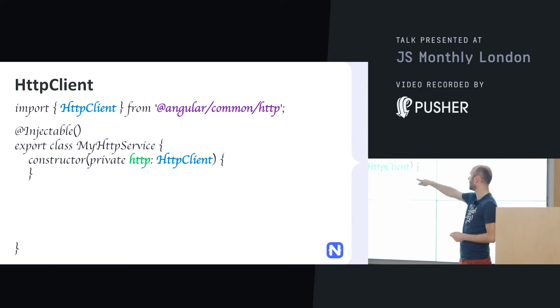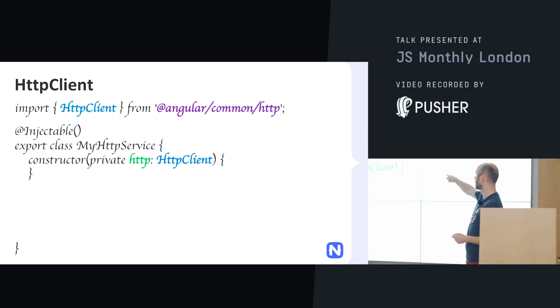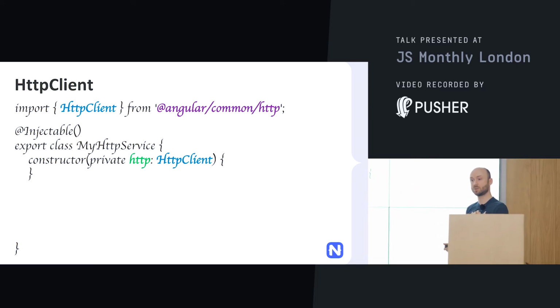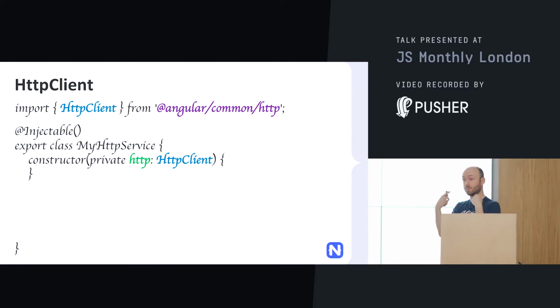So in here I'm saying private HTTP client. So here is the moment where Angular goes, okay, so you want the HTTP client. If I'm in a web project, it will give me the HTTP client module. If I'm in the NativeScript project, it will give me the NativeScript one. Right? So, but me as a developer that works on this specific service, I don't really care.